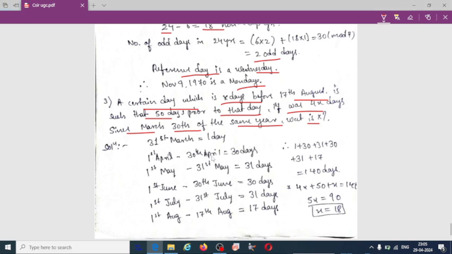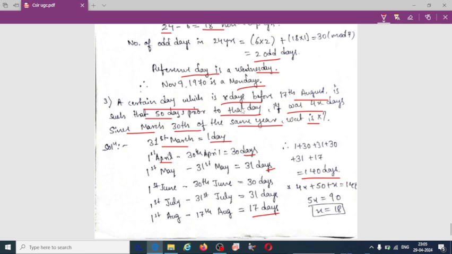So we have to consider from 30th March to 17th August. After 30th March comes 31st March, one odd day. April has 30 days, May 31 days, June 30 days, July 31 days, and August, they have given 17th August, so 17 days. If you add, it is 140 days.